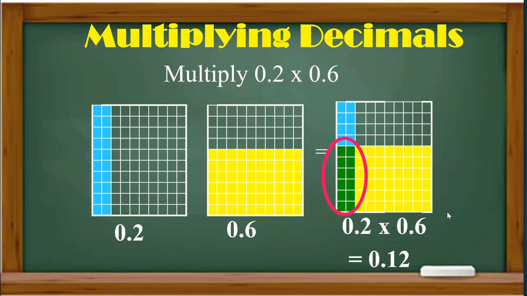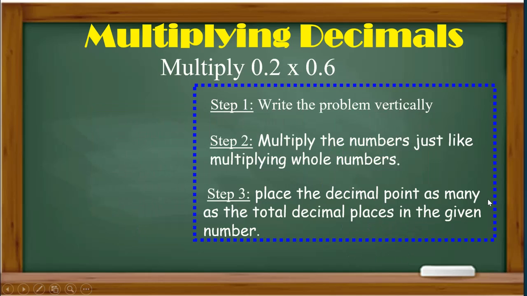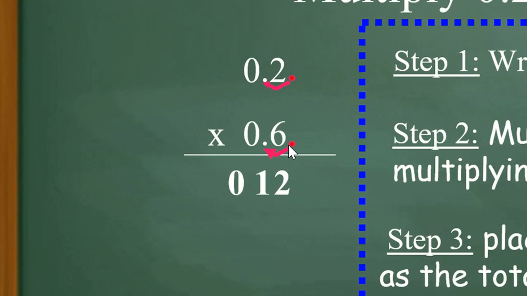Now, let us solve. Let us write them vertically. Then, multiply them just like multiplying whole numbers. 6 times 2 is equal to 12, carry 1. 6 times 0 is equal to 0, plus 1 is equal to 1. And then 6 times 0 is equal to 0.